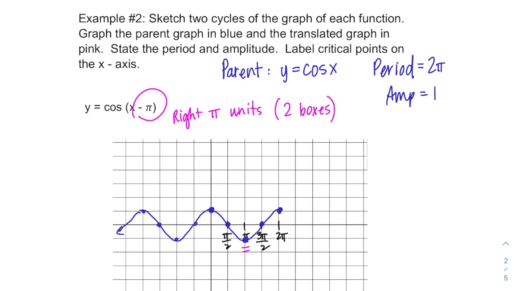So I'm going to go 2 boxes to the right every point. And you'll start noticing the pattern as you do it. Kind of looks like a DNA thing there, a DNA double helix. There's your graph. It does keep going, but that would be our translated graph.